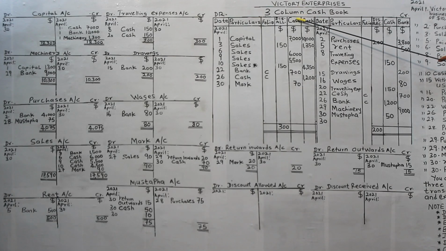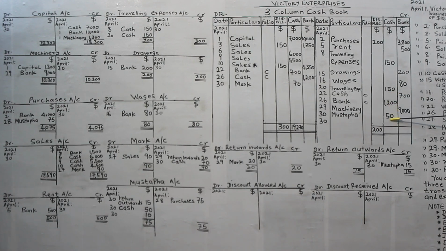To balance the cash column of the 3-column cash book, we add the debit side first. 7,000 plus 6,000 plus 5,500 plus 700 plus $70. That will give us 19,270. That represents the total cash received for the period. Now, the total cash paid out is $150 plus 150 plus 1,200 plus 50.